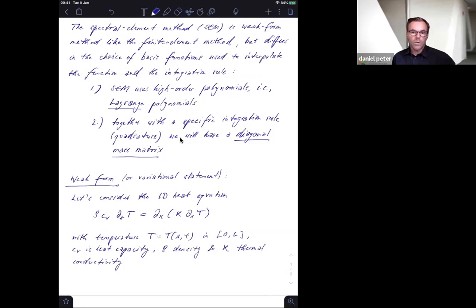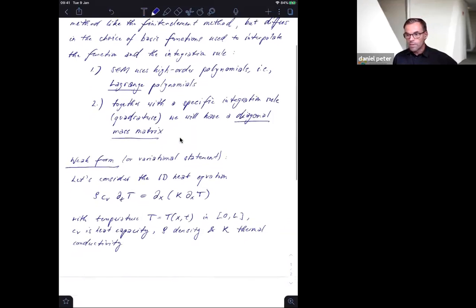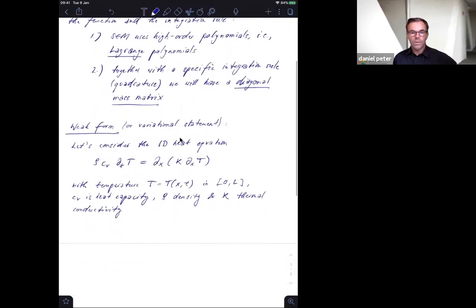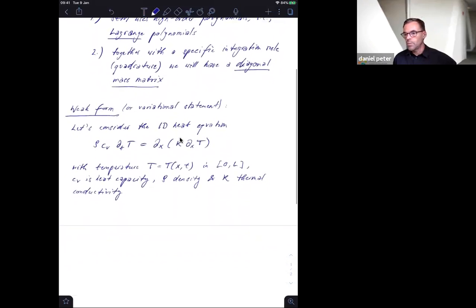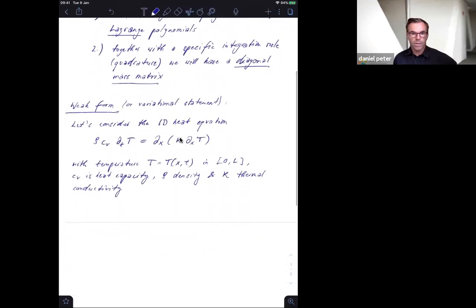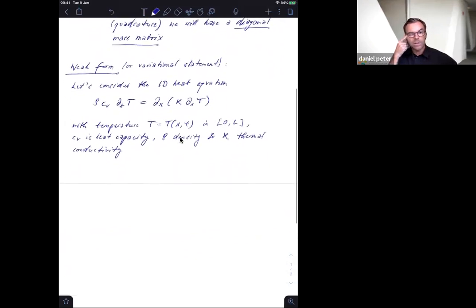So CV, rho, kappa, they are material properties. So they can change from one material to another one. And we are interested in the temperature field. That's the one that we want to solve for. So let's just start with the weak form for this equation. Let's not bother too much about the initial condition and boundary condition right now.